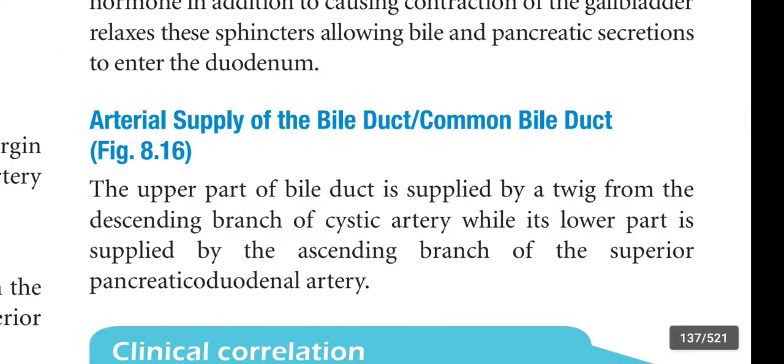The upper part of the bile duct is supplied by a twig from the descending branch of the cystic artery, while its lower part is supplied by the ascending branch of the superior pancreatico-duodenal artery.